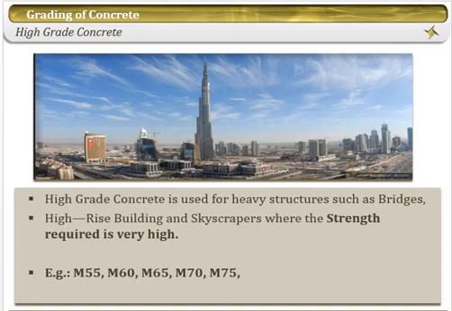The loads on slabs, columns, beams: here we require very high strength. For example, some concrete grades for high strength concrete are M55, M60, M65, M70, M75. Here also some grades are ultra high strength grade concrete, where we use more than 100 Newton per mm square strength.